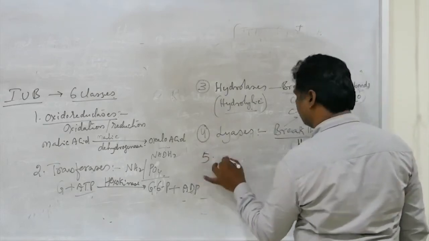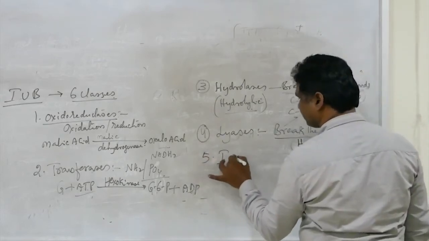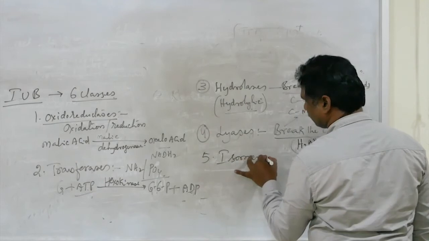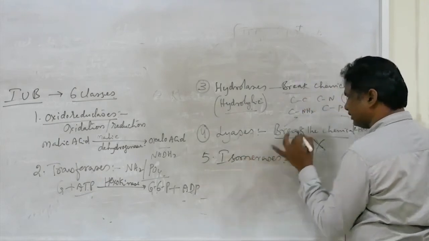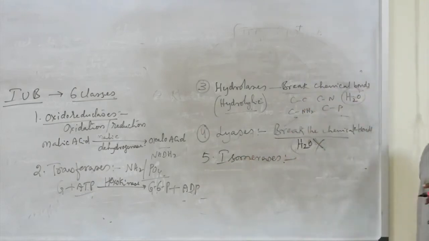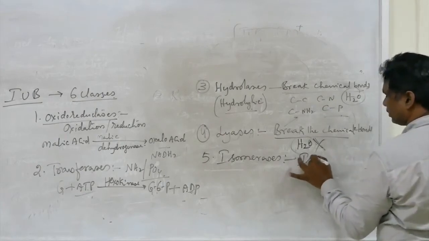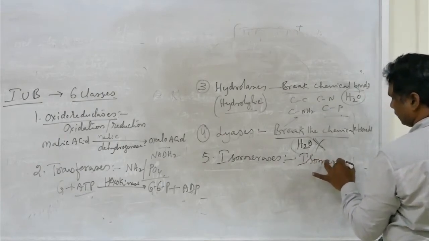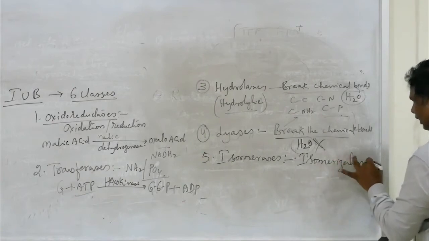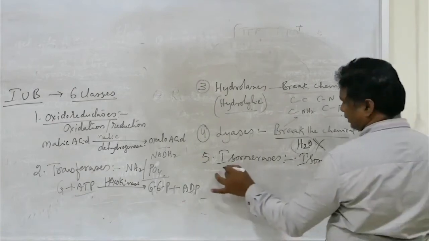And the fifth one is isomerases. Isomerization, as you know from chemistry, means same molecular formula, different structures. The enzymes which are involved in isomerization are simply called isomerases.